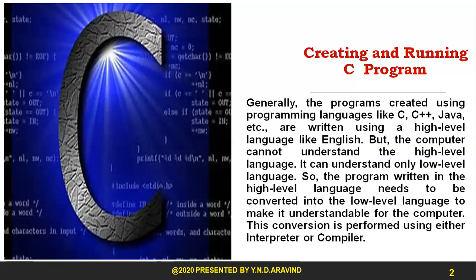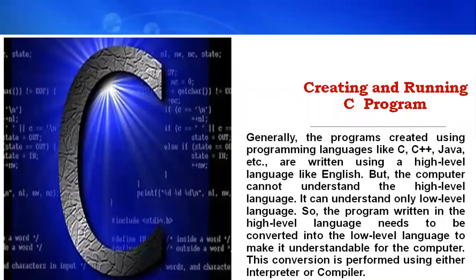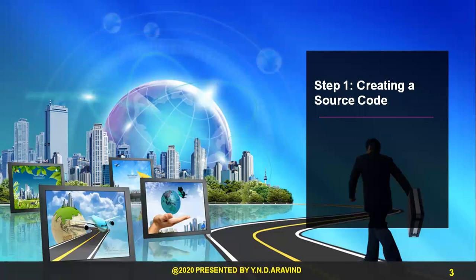To create and execute C programs in the Windows operating system, we need to install the Turbo C software. Then we need to use the following steps to create and execute the C programs in Windows. So for creating a source code, the source code is a file with C programming instructions in high-level language.